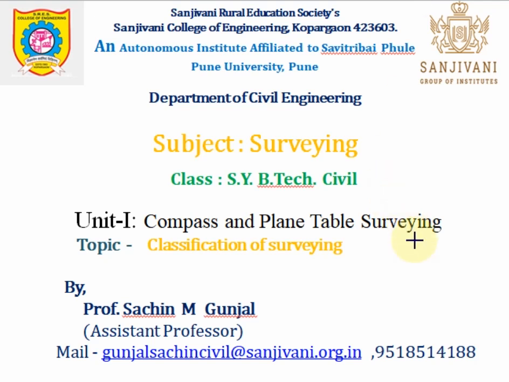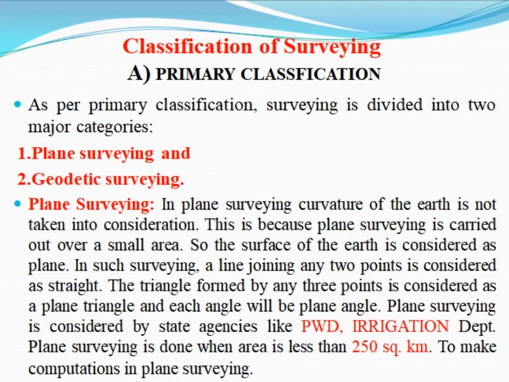So survey is classified as, first is the plane survey, another is the geodetic survey. In plane surveying we have to consider the surface of the earth as a plane, and in case of geodetic surveying we have to consider the curved surface, as we know that the shape of the earth is spherical.